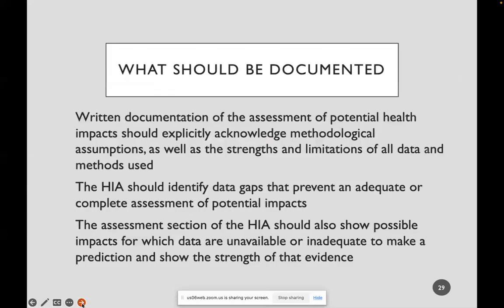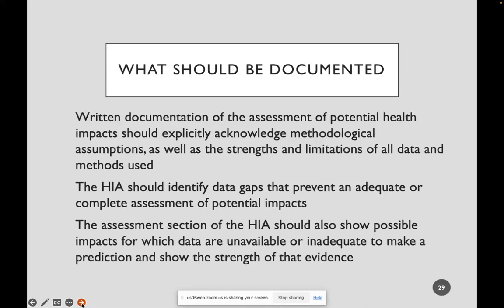And thinking about what needs to be documented in your HIA. What do you need to be super explicit about? What do you need to be clear about is your assumptions, the strength and limitation of your data and your methodology.